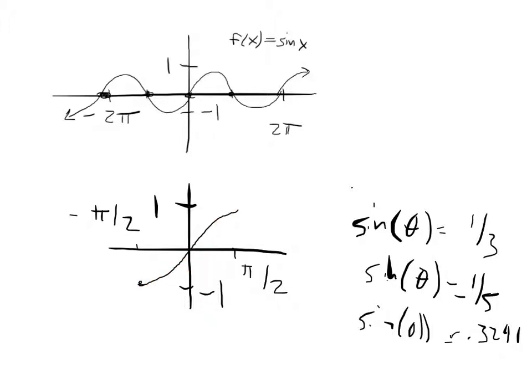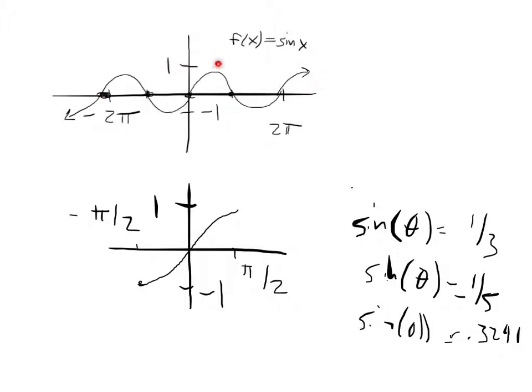And that's indeed how the sine inverse button on your calculator works. If you do sine inverse of 1/2, it's going to spit out 30 degrees or pi/6 radians, depending on what measurement you're in. If you hit the sine inverse of -√3/2, it's going to spit out -60 degrees or -pi/3.